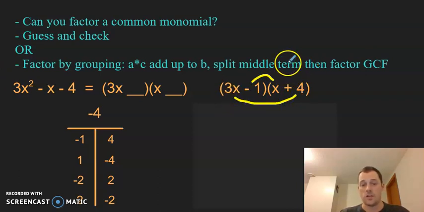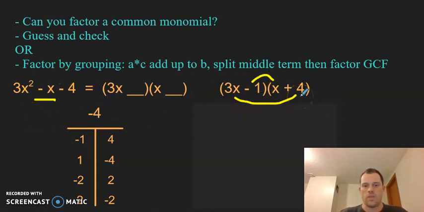Those are going to give us like terms, and they have to add together to get our b value here, this -x. So in this case, 3x times 4 gives me 12x. That's a pretty big number, so I'm already thinking that might not work. This is a -1x, and 12x plus -1x is not -1x.